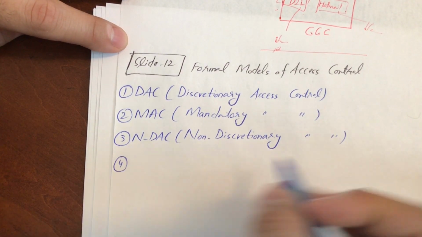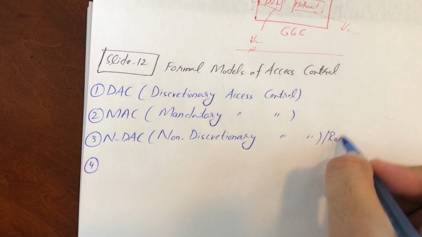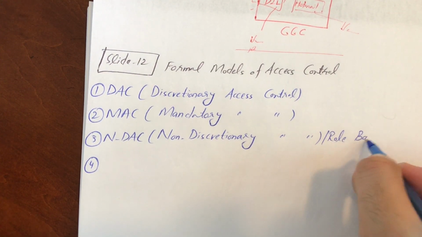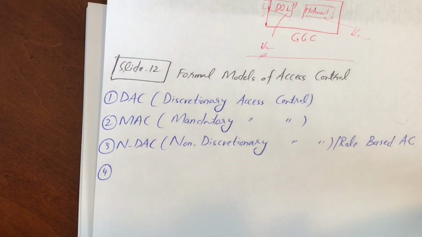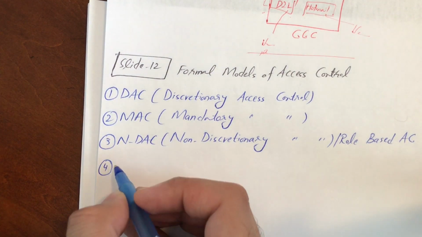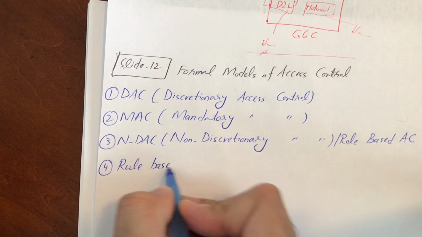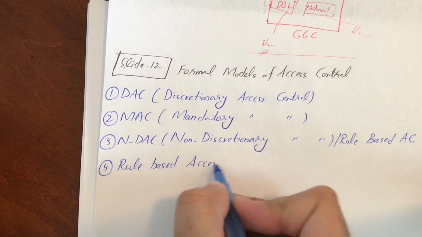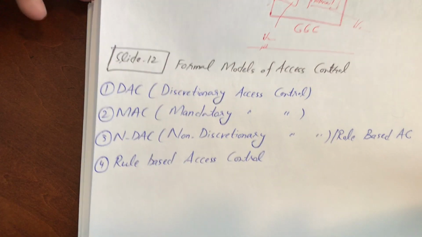NDAC is also known as role-based access control. And then the fourth model is called the rule-based access control model. It's also known as the attribute-based access control model as well.